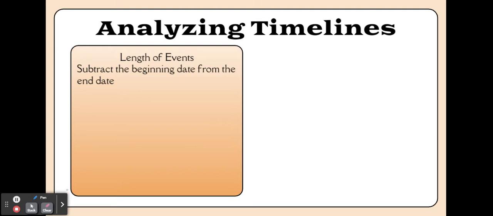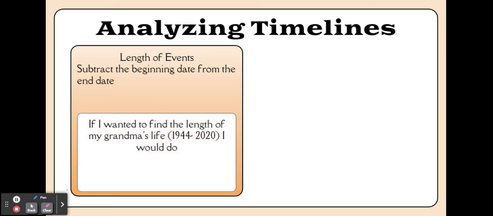For example, if I wanted to tell you the length of my grandmother's life, she lived from 1944 to 2020. I would have 2020, the end of her life, minus 1944, the beginning of her life, and I would know that she lived for 76 years. So the answer would be 76.